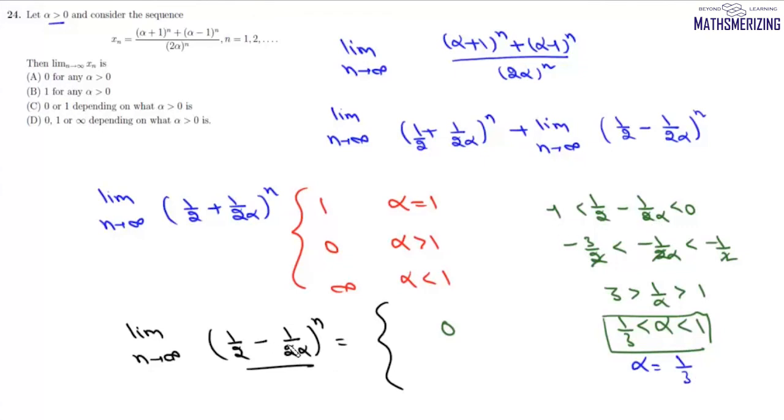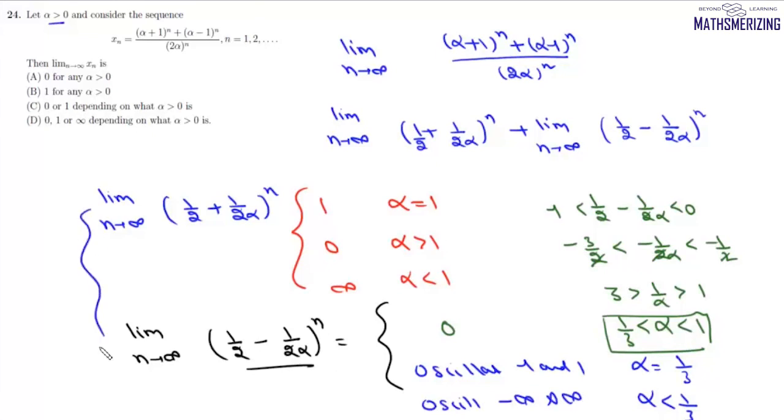So it will be minus 1 to the power n. Then this limit will oscillate between minus 1 and plus 1. And if alpha is less than 1 by 3, then this expression will be less than minus 1. And if it's less than minus 1, then this limit will oscillate between minus infinity and plus infinity.